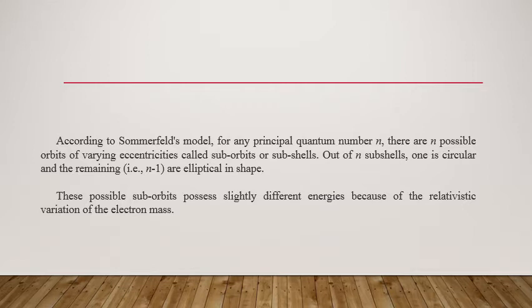According to Sommerfeld's model, for any principal quantum number, that is orbit n, the possible orbits of varying eccentricity are called suborbits or subshells. Out of n subshells, one is circular and the remaining are elliptical in shape.